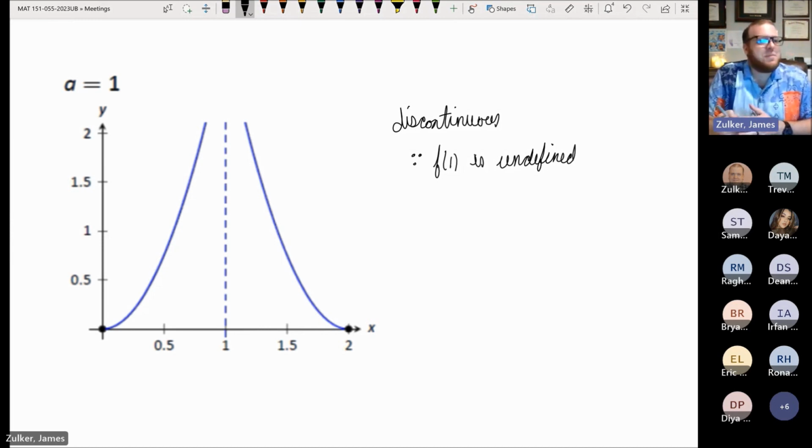Here, we're discontinuous because we're not even defined at the point. This one happens to be an infinite discontinuity.